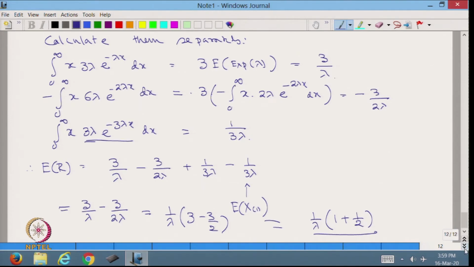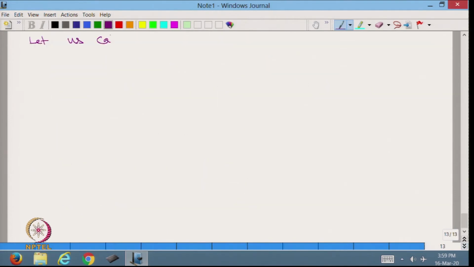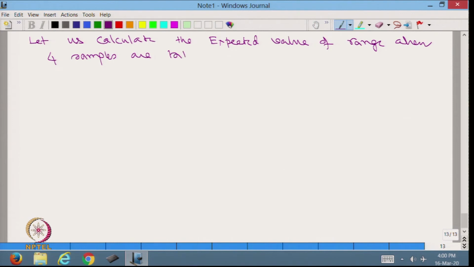Let us now calculate the expected value of range when 4 samples are taken from exponential with lambda.